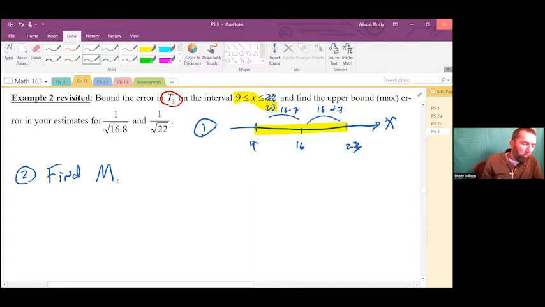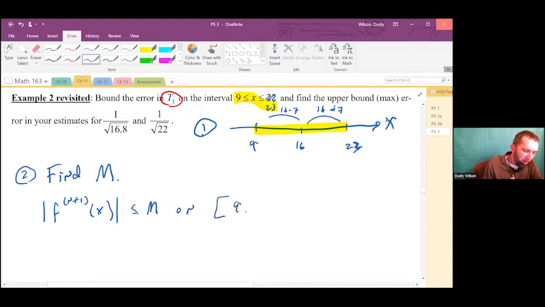Okay, so we know that our n plus 1th derivative of f has to be less than or equal to big M on the given interval 9 to 23.